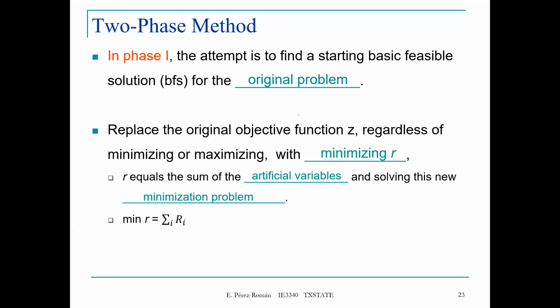So we want to minimize the summation of the artificial variables. Again, it's a new objective function for phase one of the two-phase method. In the first phase, we are trying to find an initial solution for our problem using artificial variables. But the goal at the end is that, after finding that initial solution, the artificial variables have a value of 0. And we achieve that by using this new objective function.